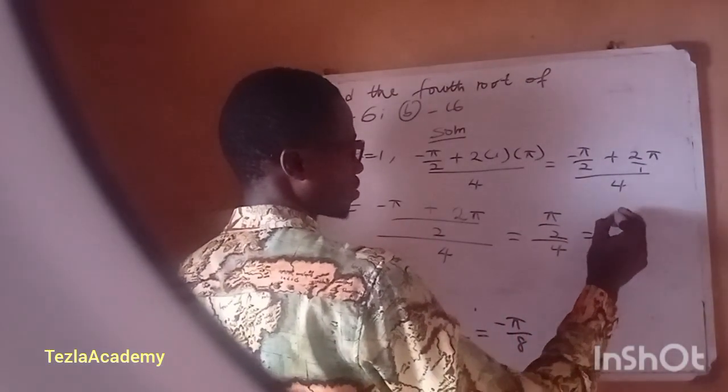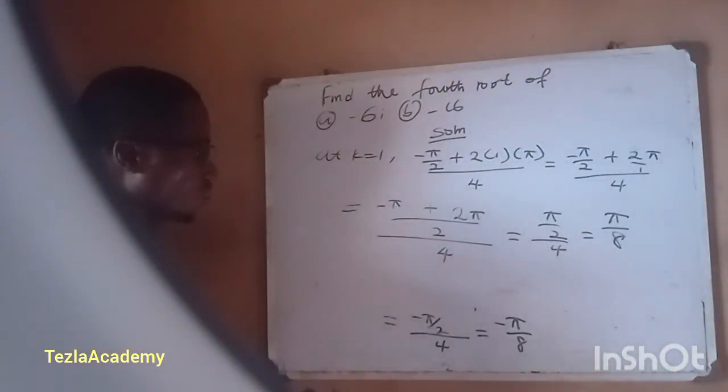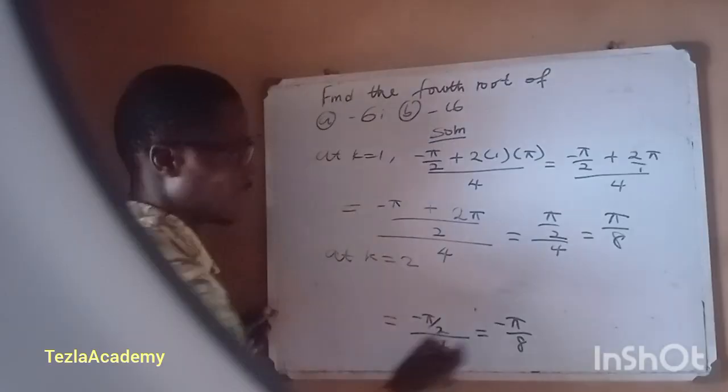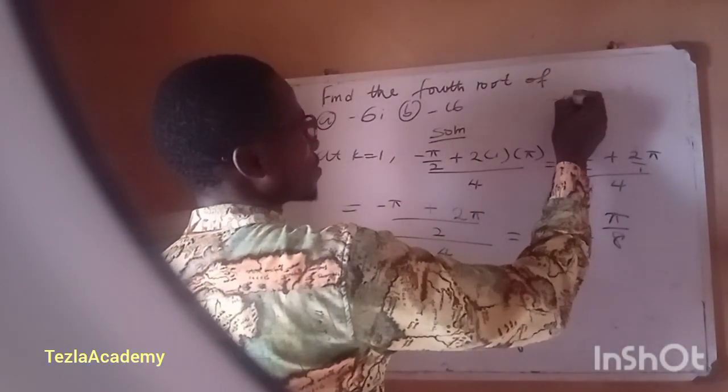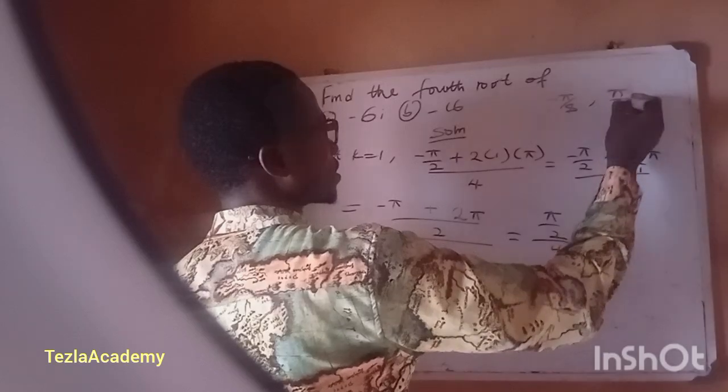And this equals pi over 8. So at k equals 2, we have minus pi over 8 already, and then we have pi over 8.